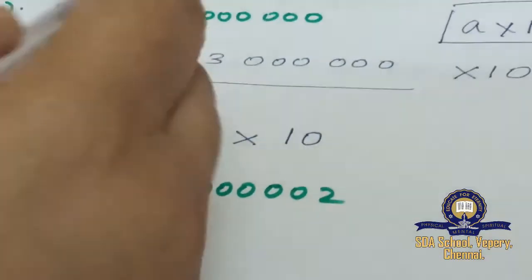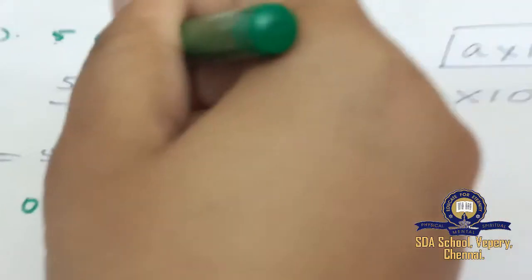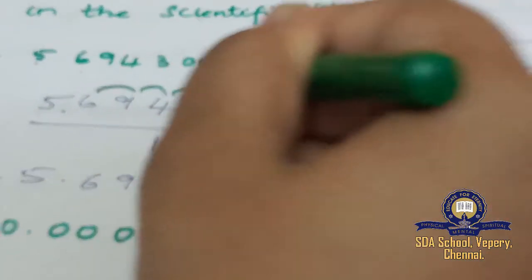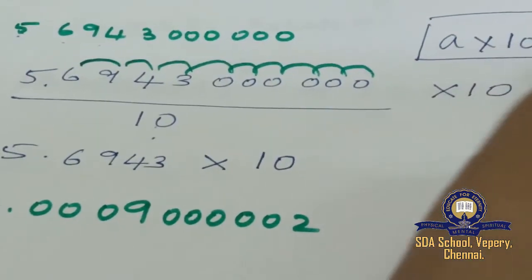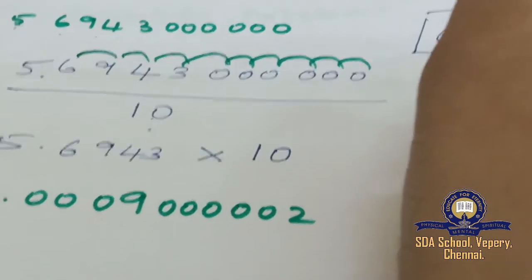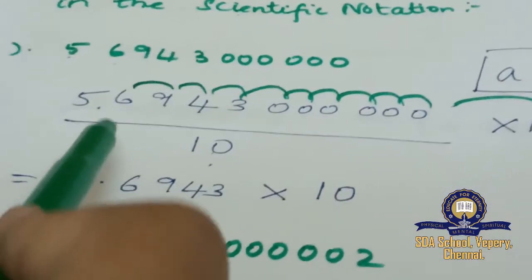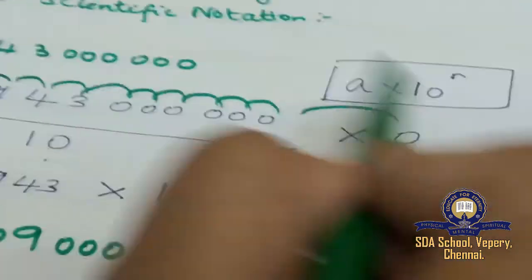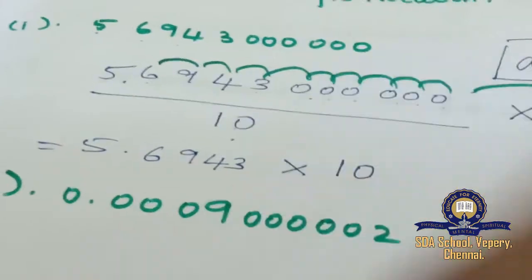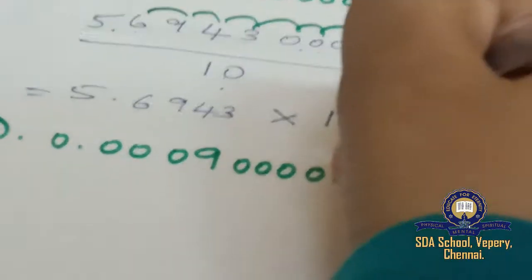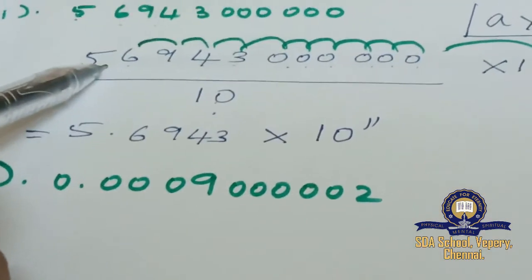Count all the digits after this. How many digits are there? 1 2 3 4 5 6 7 8 9. Then I have 10, and I have to start counting from here, so I will get 11. 1 2 3 4 5 6 7 8 9 10 and 11. So I will get the power of 10 as 11. Got it, students? You have to count right after this.